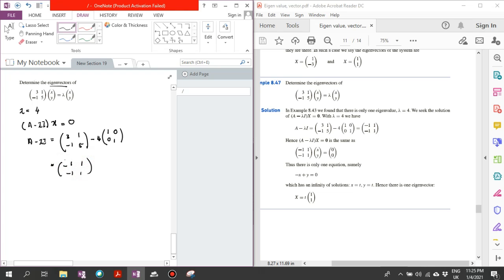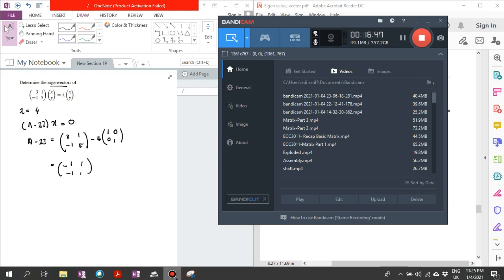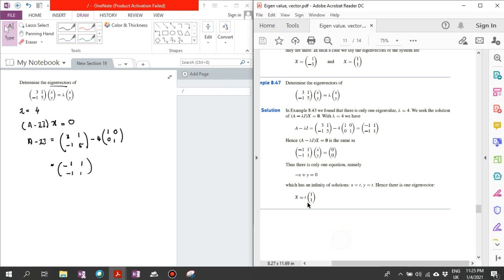So we know that, based on this equation, A minus lambda I times x is equal to 0.